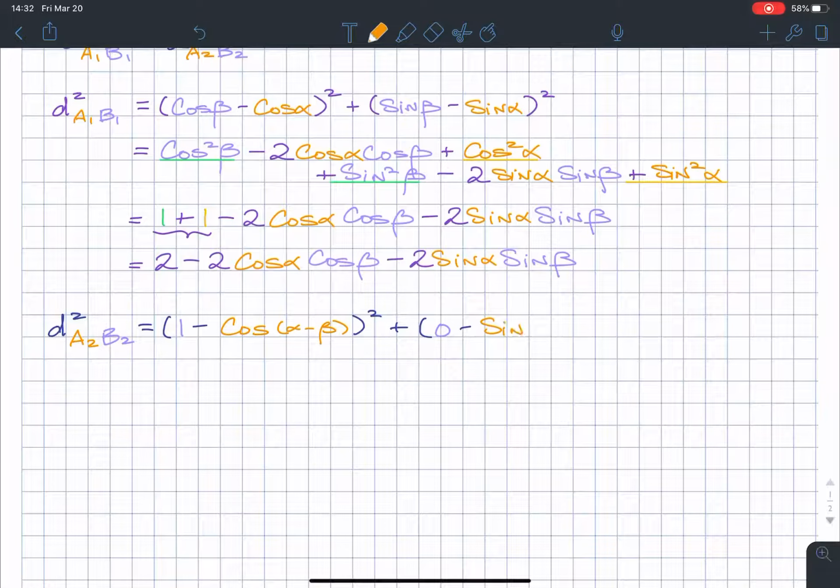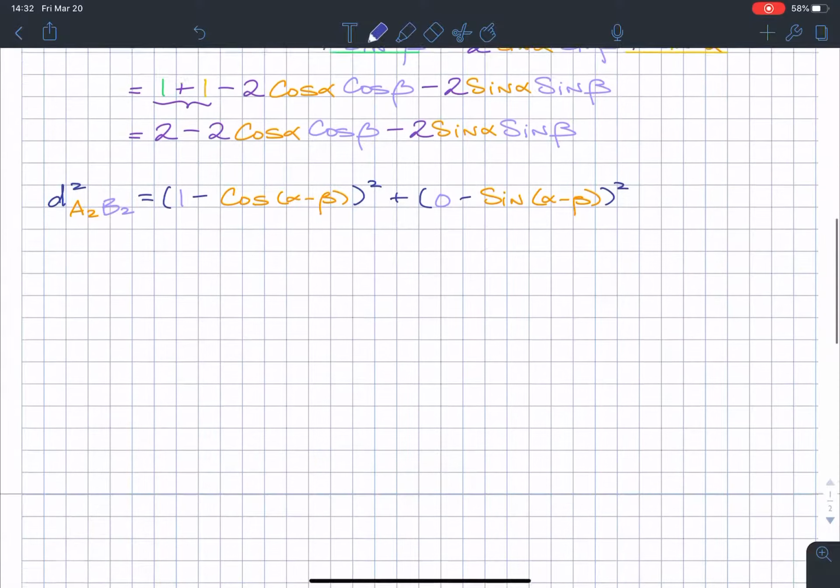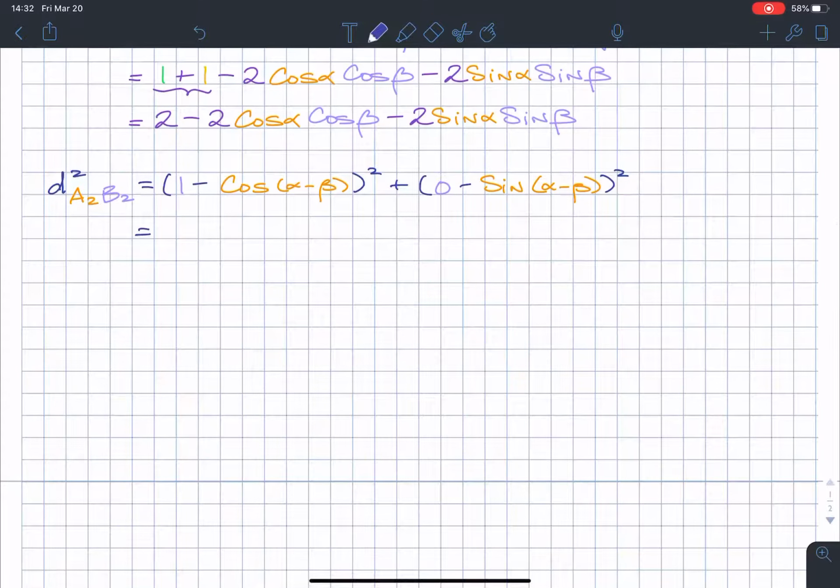So sine of alpha minus beta, quantity squared.